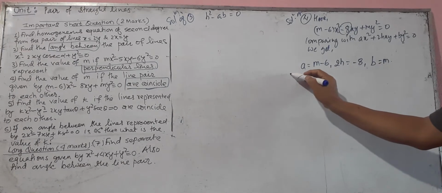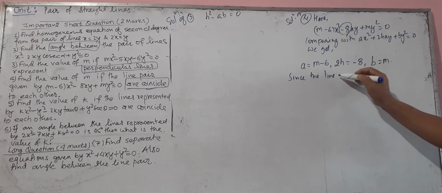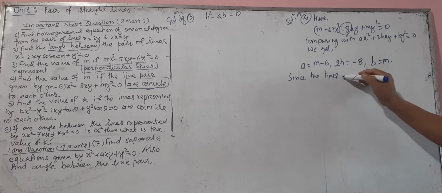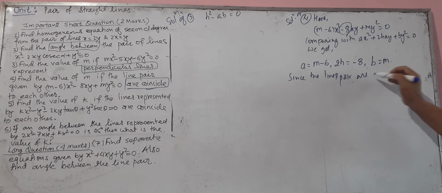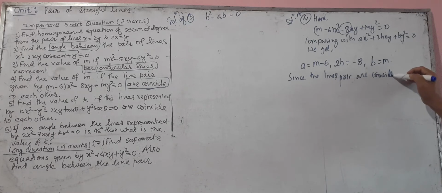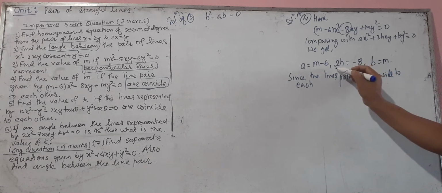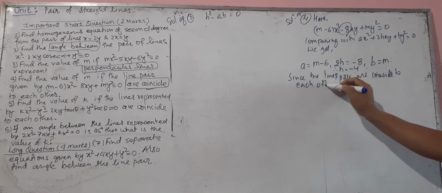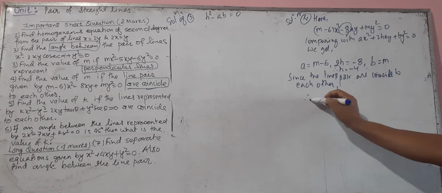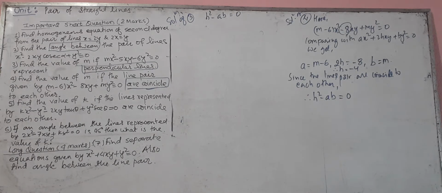Now, since the line pair coincide with each other, h is equal to minus 4, then h square minus a times b equal to 0.